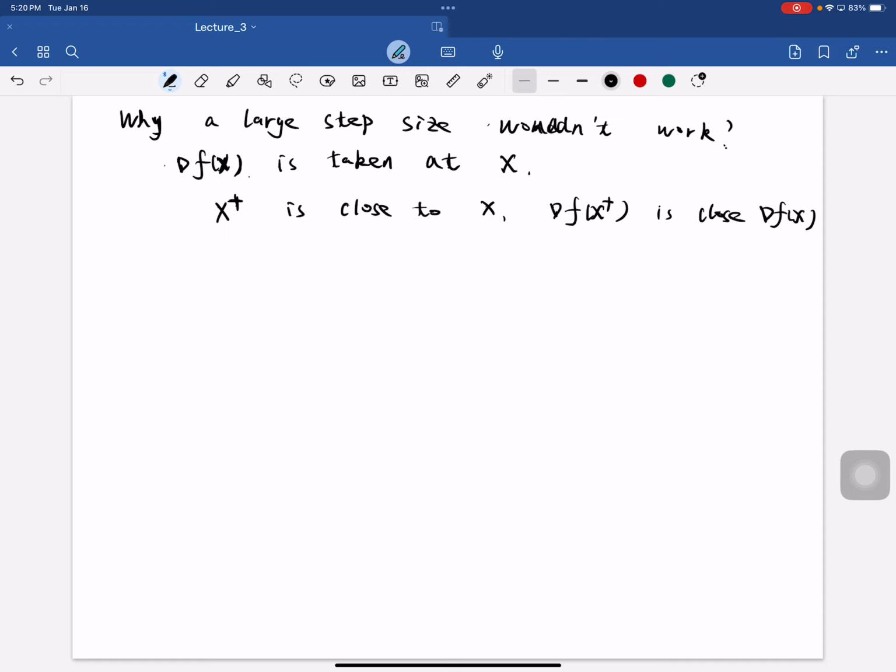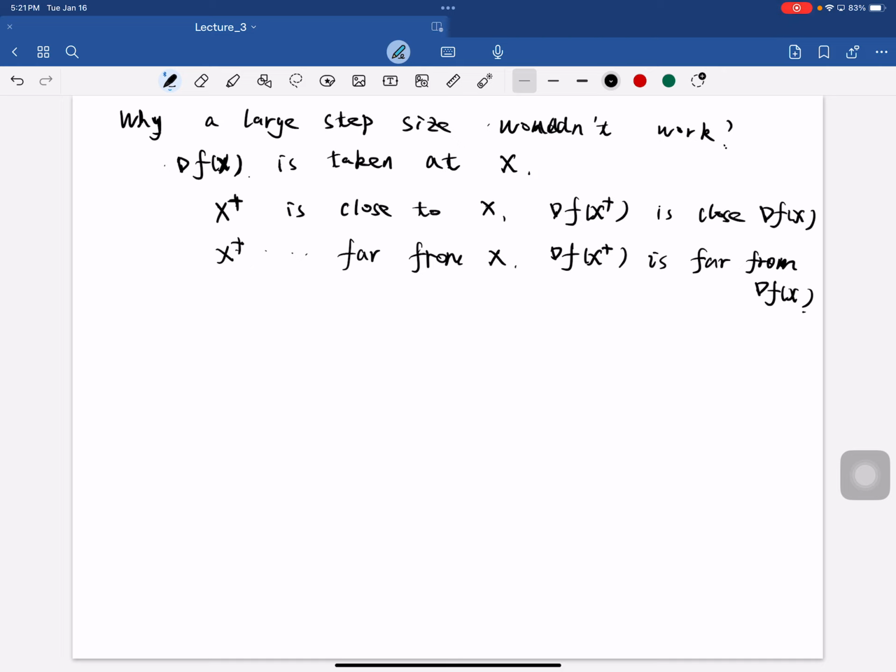In other words, if it is too far from x, the gradient at x plus will be far from the gradient at x, right? So that's the intuition here.